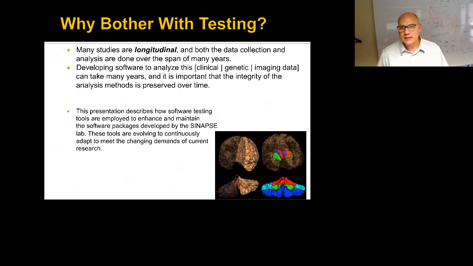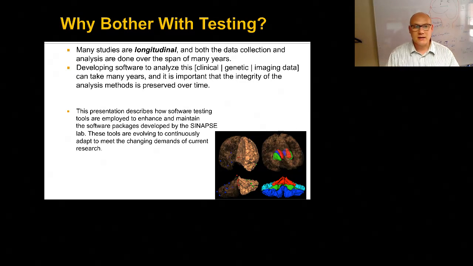We have a schizophrenia study that's gone on for more than 20 years, and a Huntington's disease study that is in its 14th year, and many other studies that simply have a long time span from when the first data set was collected till the last data set was analyzed. We need to develop the software to analyze the clinical, the genetic, the imaging, and all of the metadata around that, and it can take many years to analyze and collect all that data.